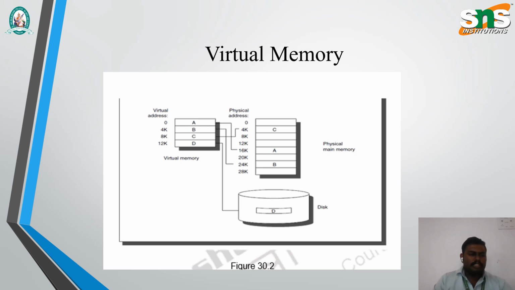Each process has its own virtual address space, which appears as a large continuous memory area. The memory management unit is called the MMU. The MMU is a hardware component that translates virtual addresses used by the CPU into physical addresses in RAM.